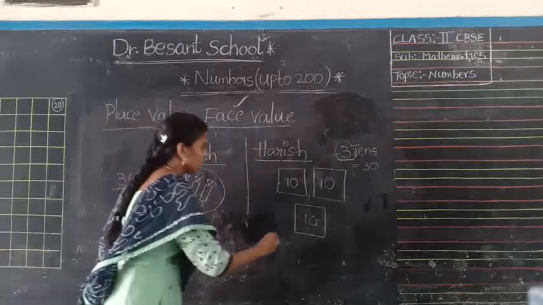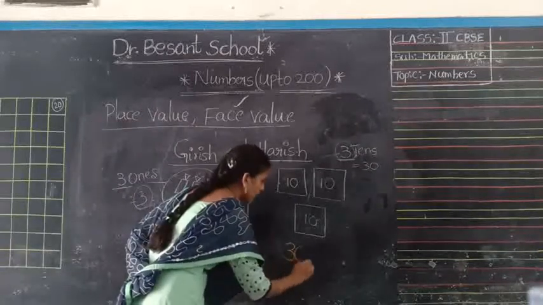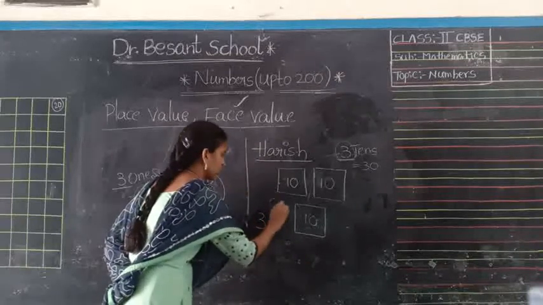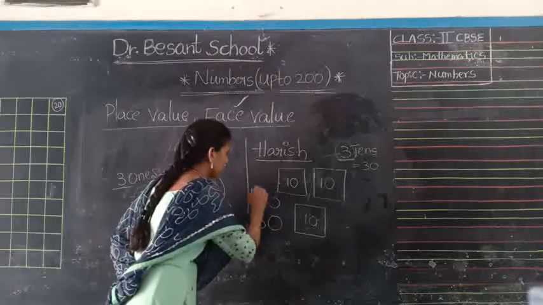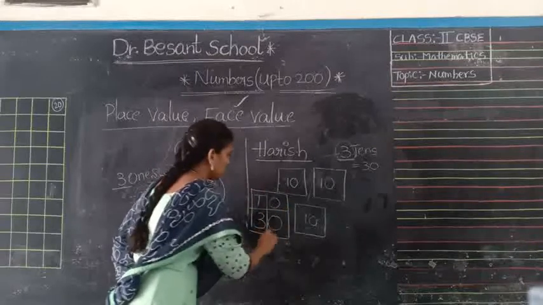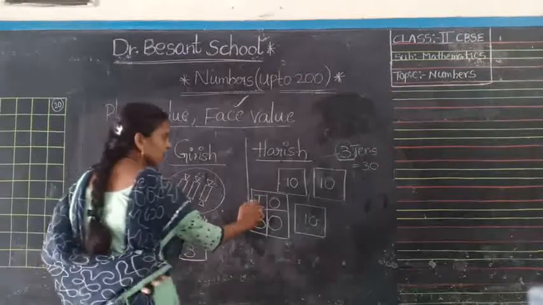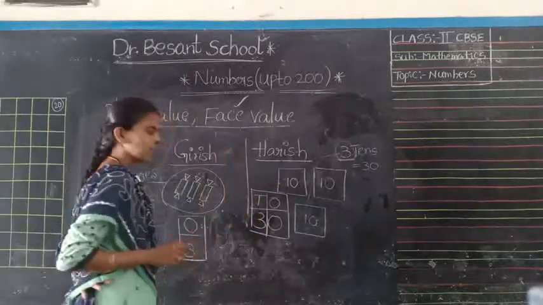Here 3 is in tens place. 30 chocolates he buys, right? Let me write here. Ones here, tens here. Here the 3 is in ones place, whereas here 3 is in tens place.